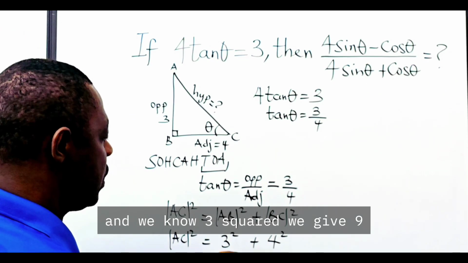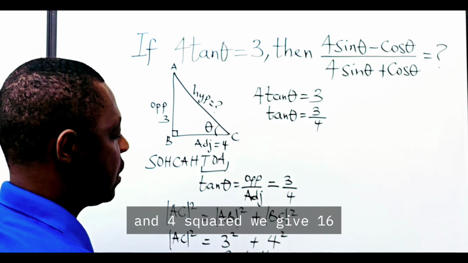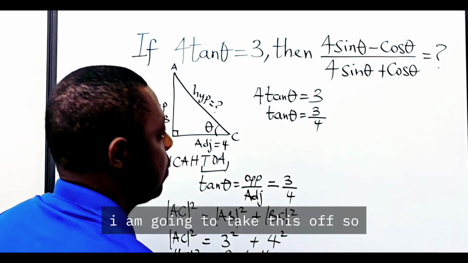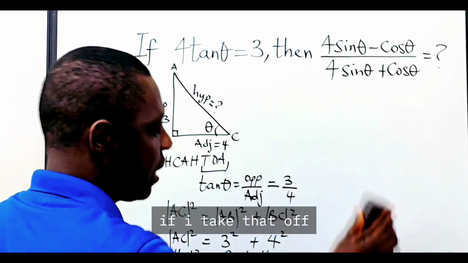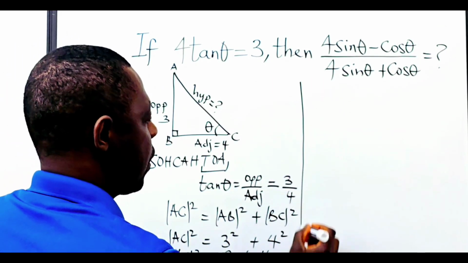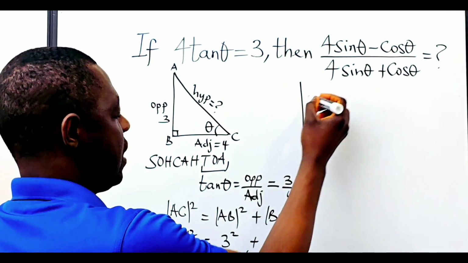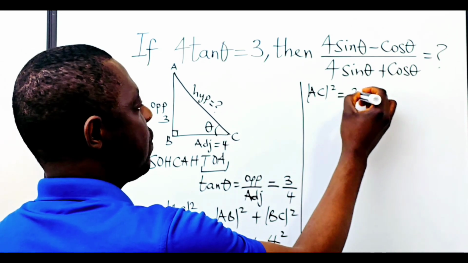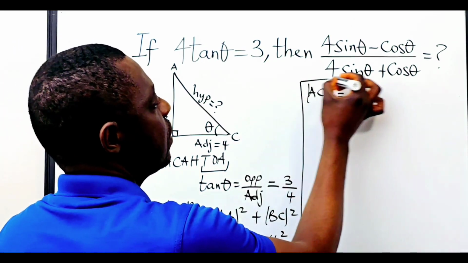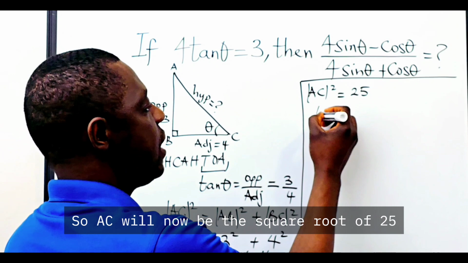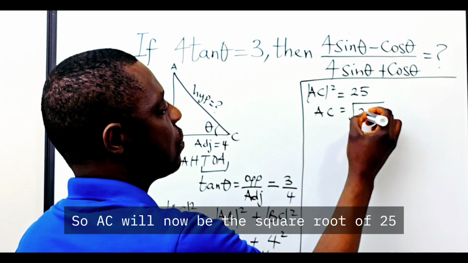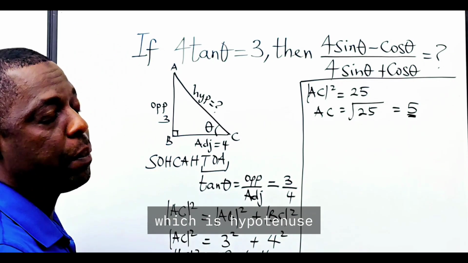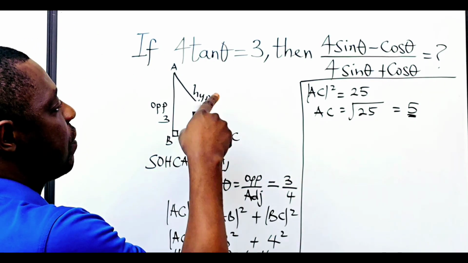We know 3 squared gives 9, and 4 squared gives 16. So AC squared equals 25. AC will now be the square root of 25, which gives us 5. That means AC here, which is the hypotenuse, is 5.